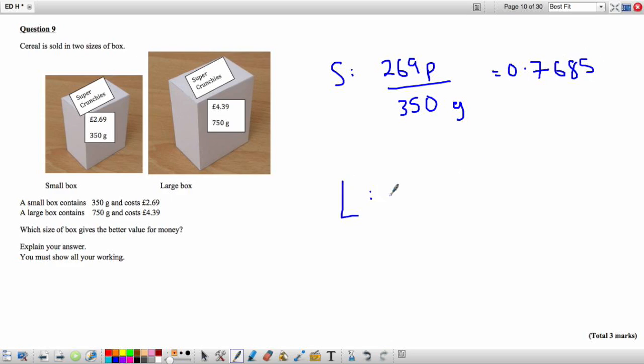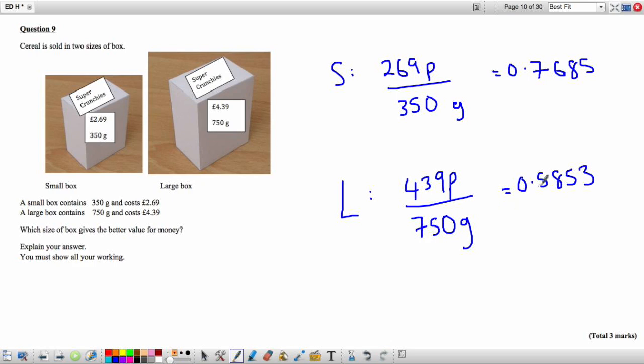Comparing to the large, the price converted to pence is here, divided by the total weight, 750, which is 0.5853.